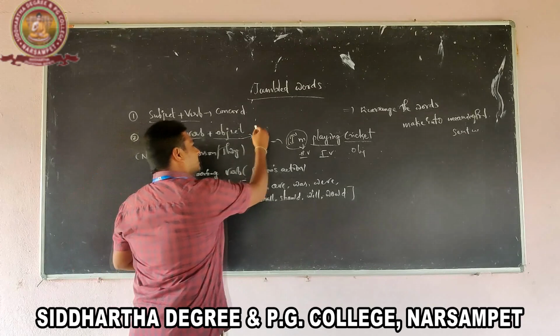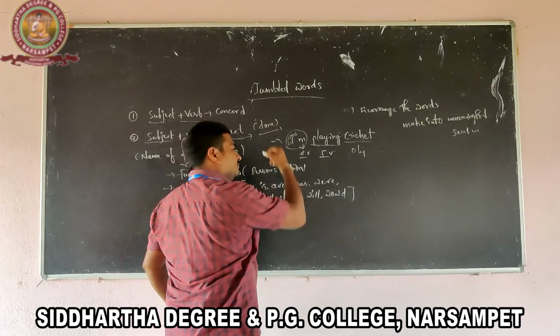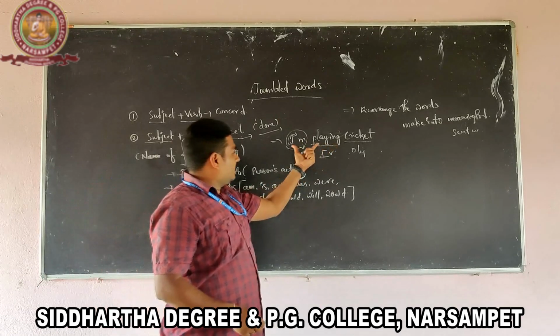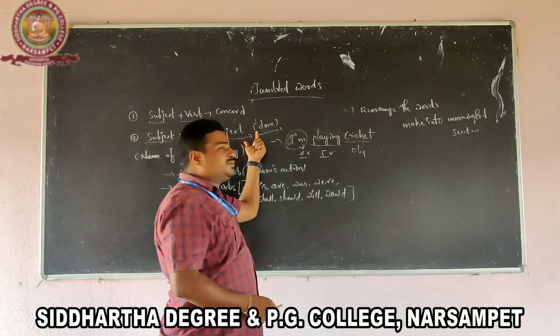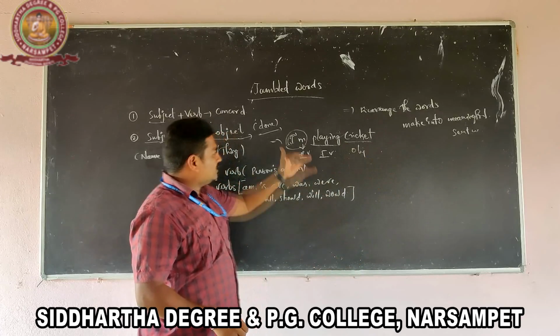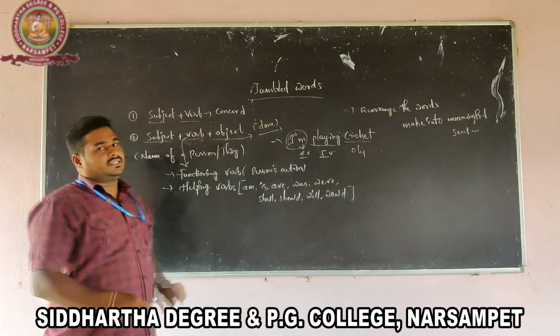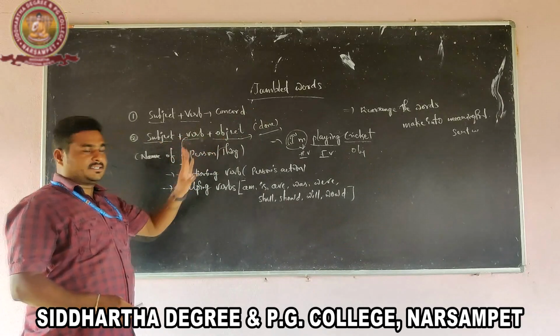Object denotes what you have done. In the given example, I am playing cricket, cricket is called the object, what you completed. So this is the first structure for solving jumbled words: subject plus verb plus object.